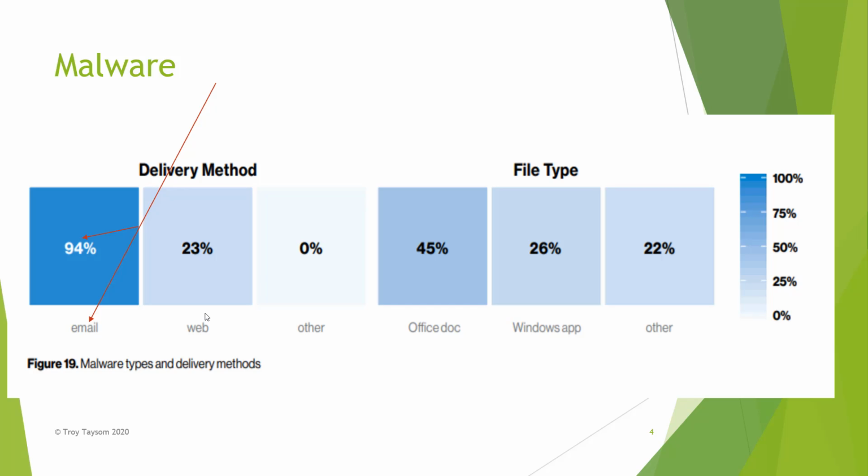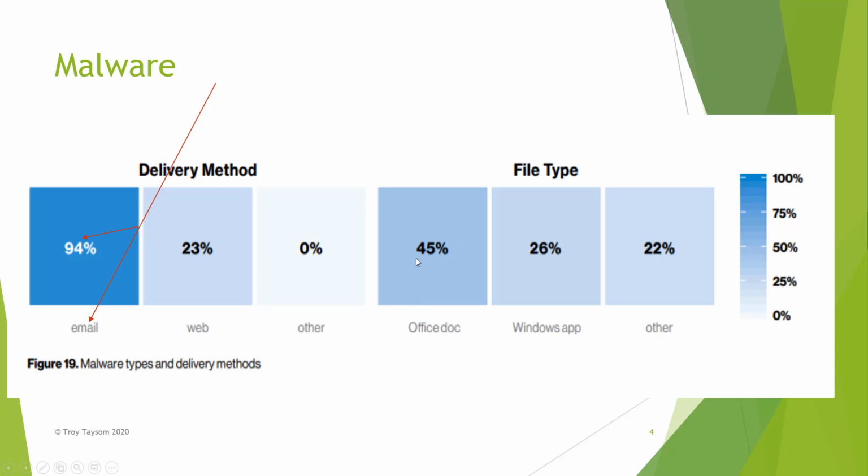So, just keep that in mind. The file types that they send to you in these emails, okay? Would be Office documents. You would have Word, Excel, PowerPoint, Access, all of those.